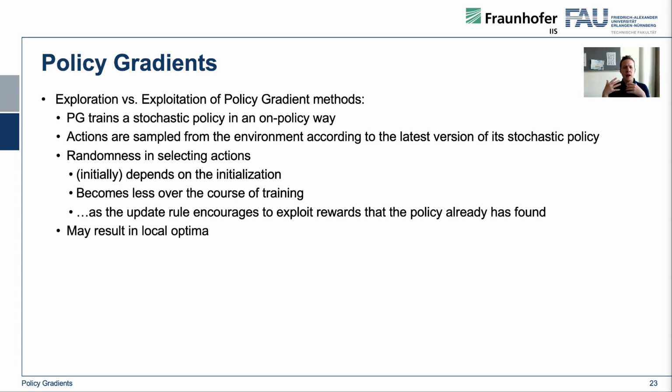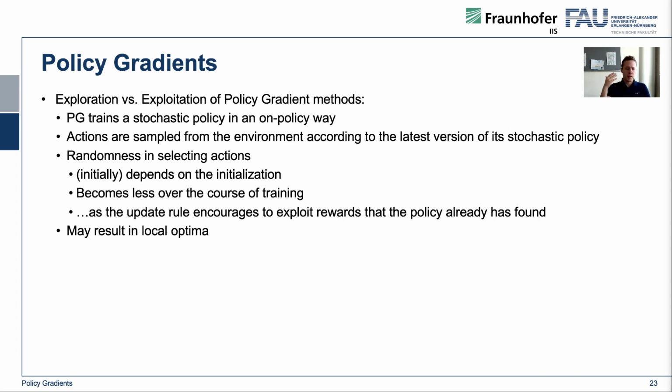This is because the update rule implicitly encourages exploiting the rewards. However, through sampling, we still keep on taking actions that we have not investigated so much. This may also result in local optima if we do the gradient updates too aggressively.